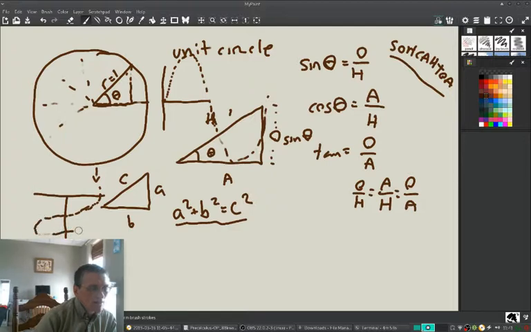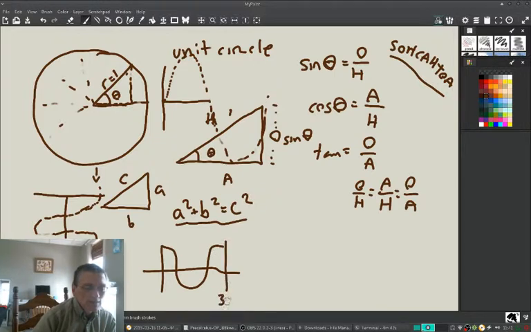It comes back around. Sorry, I've run out of room here. And you get this. If you draw that on the side, you get this, which is a graph of cosine from 0 to 360, or 0 to 2 pi.